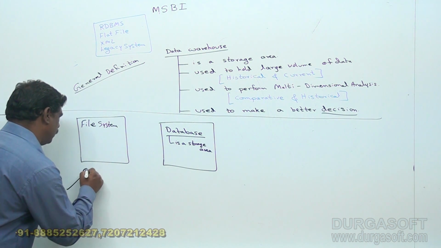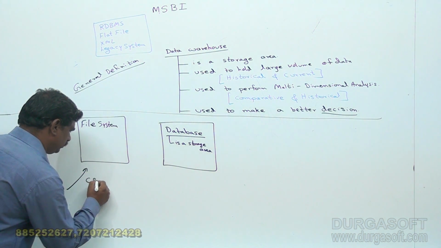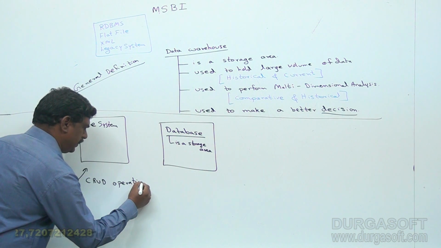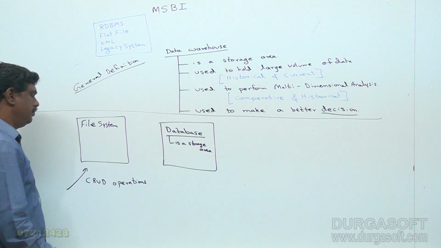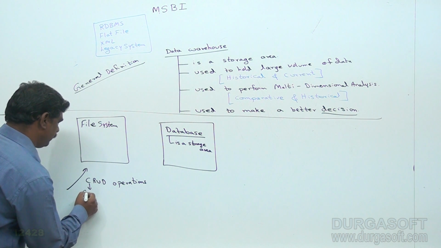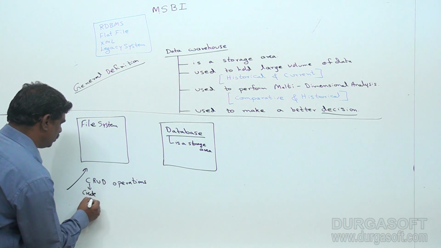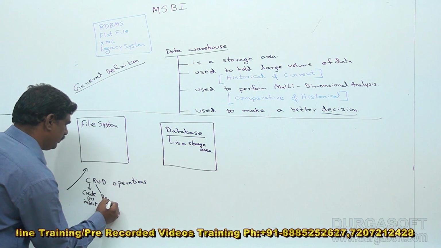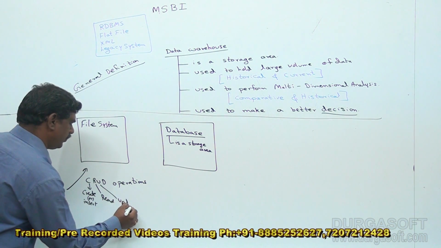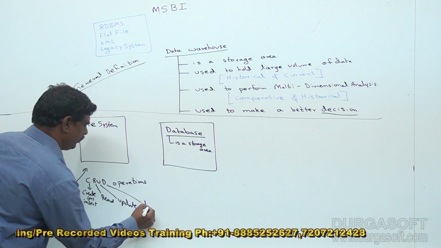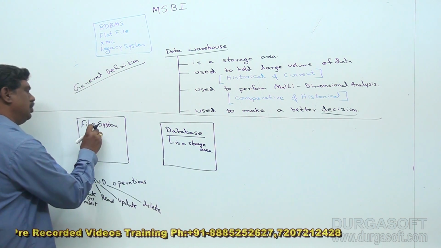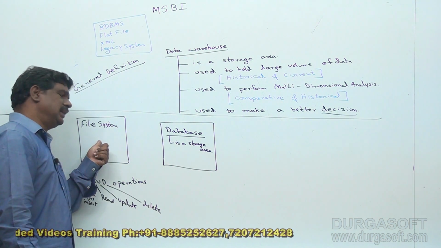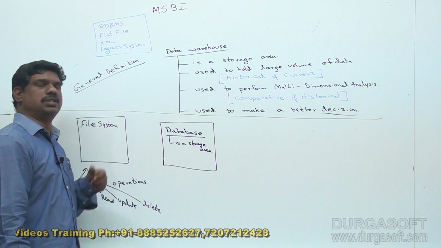On the file system we can perform CRUD operations, meaning create, or you may say insert, read, update and delete. So we can add records into the file system, read data from it, update records in it, and delete records from it.